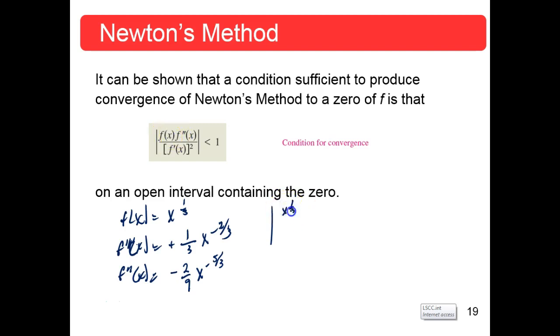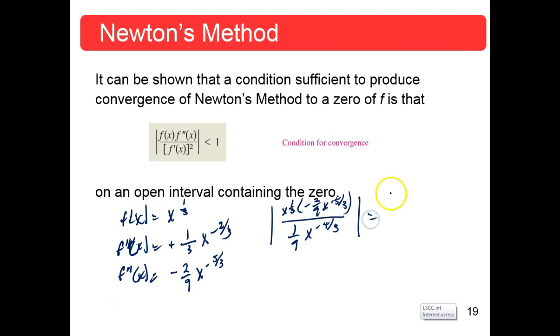Okay, now if you do this absolute value here, that would be f of x, x to the 1/3, times the second derivative, a minus 2/9 x to the minus 5/3, divided by the square of the first derivative, that would be a 1/9 x to the minus 4/3. Okay? Now that's going to take some manipulation here.